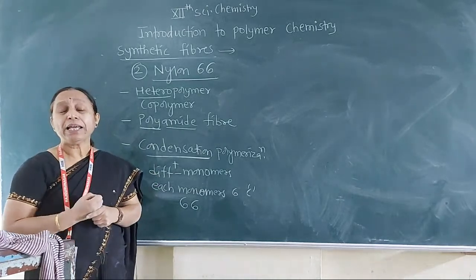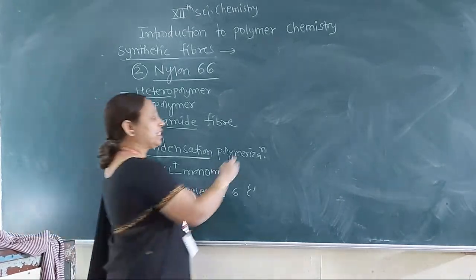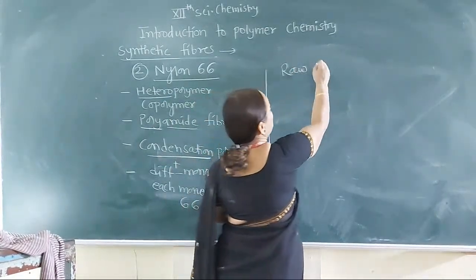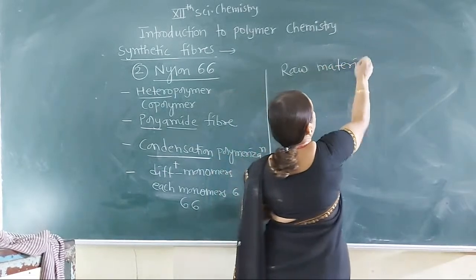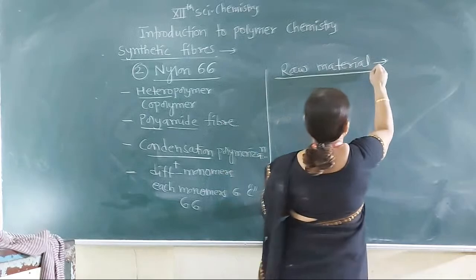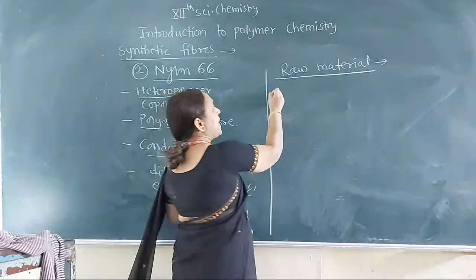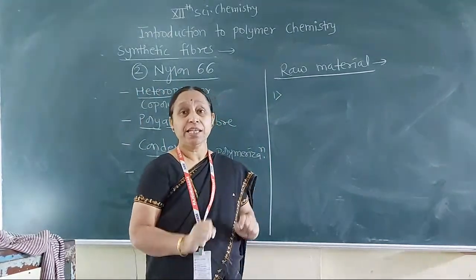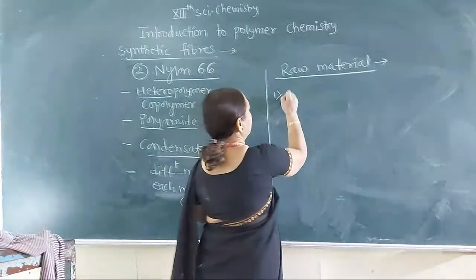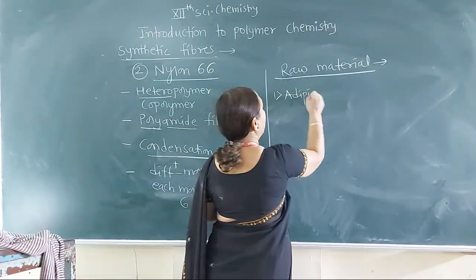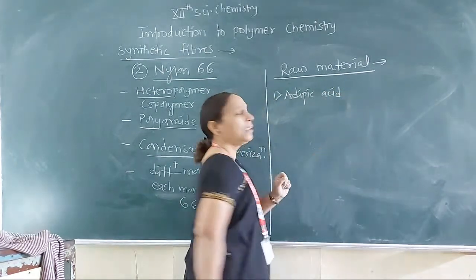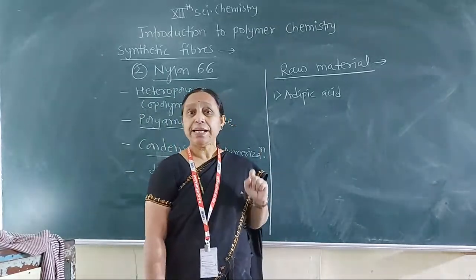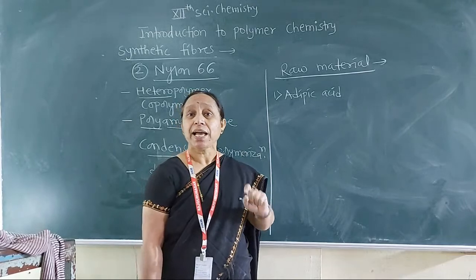What is the raw material used for the preparation of nylon 66? That is very important. Raw material of this fiber. First and the important raw material which is required for the preparation of nylon 66 is adipic acid. It is a carboxylic acid, and adipic acid is a dicarboxylic acid.